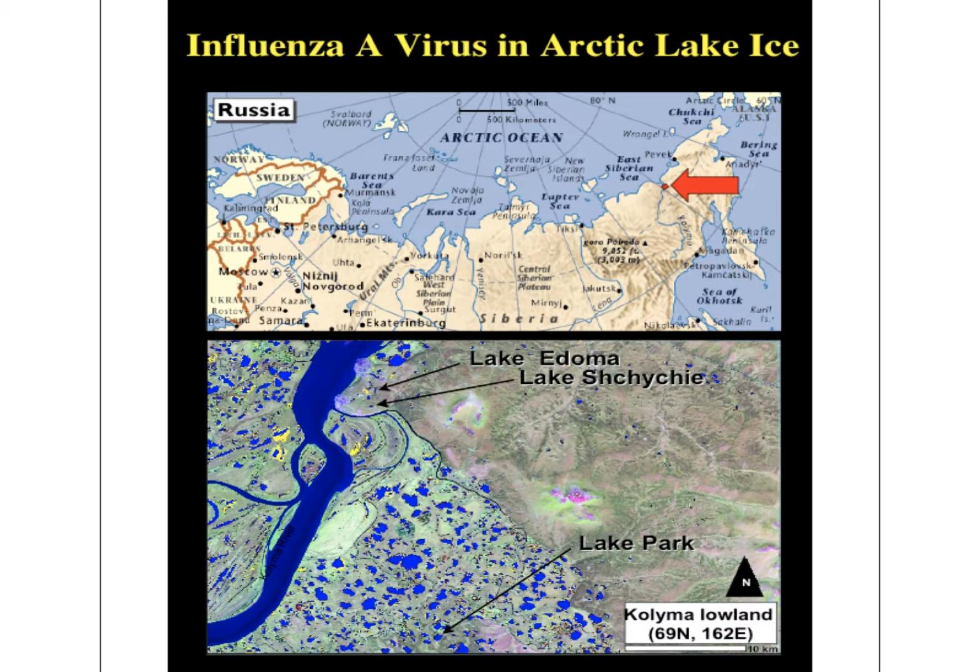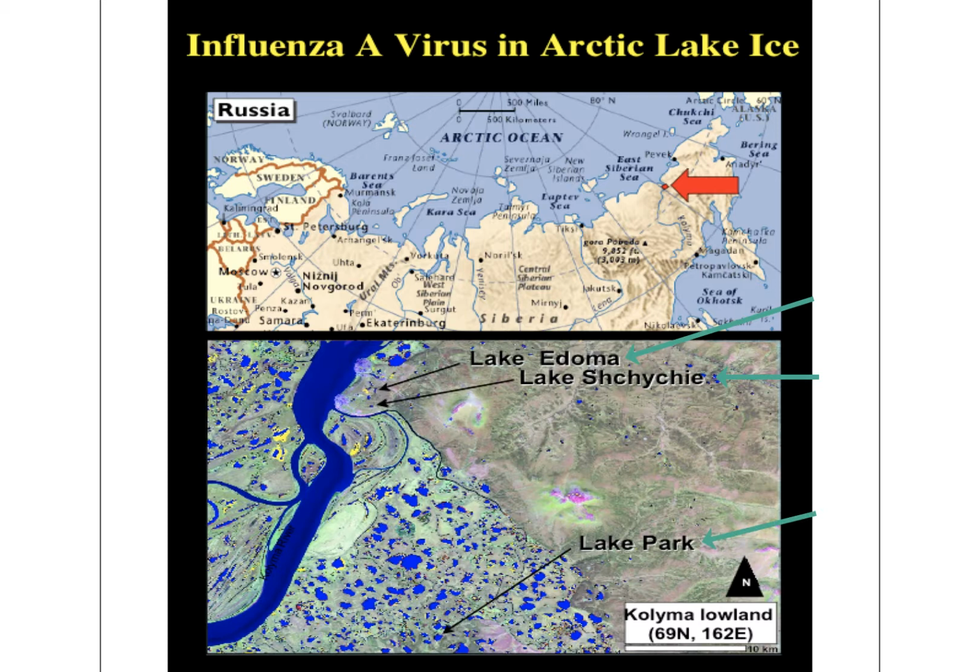We were lucky enough to get some samples from Siberia, from 3 lakes that freeze in the winter. Actually, they're frozen for about 6 months of the year, and then thaw out, and they're areas where birds come back every year. So there's Lake Adoma, Lake Shichichi, and Lake Park.